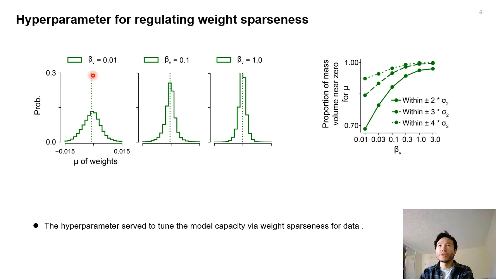We can see that when we increase beta v, the distribution concentrates around 0. We compute the proportion of mass falling near 0 for different beta v's within certain thresholds. We see that it increases, which means the sparseness increases. Therefore, the hyperparameter beta v serves to tune the model capacity via weight sparseness for the data.